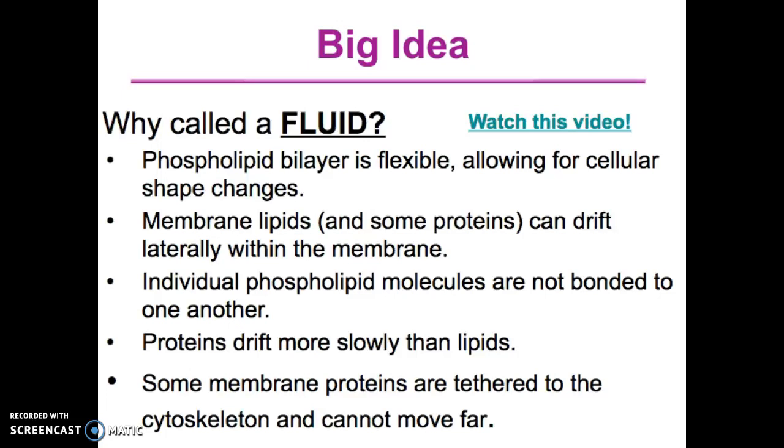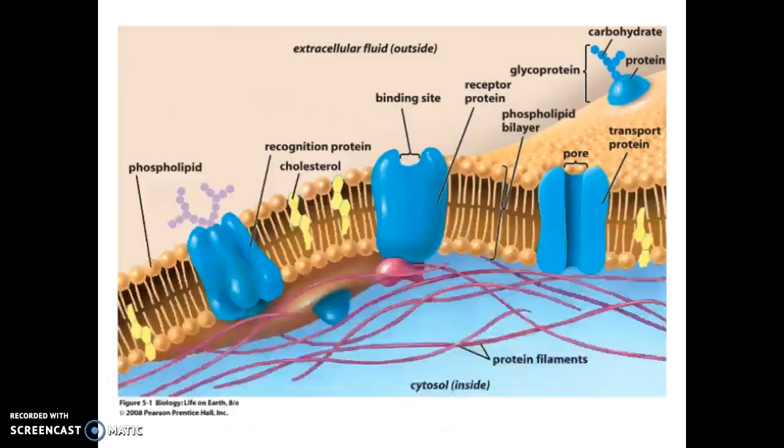And because the actual phospholipids are not bonded to one another, they can move and shift based on temperature and those kinds of things. And the proteins actually will drift in those lipids. Now, they move much more slowly than the lipids, and there's some reasoning for that, and we'll get to that a little bit later. And then some of the membrane proteins are actually connected to the cytoskeleton within the cell, and so they can't actually move very far, but they can move a little bit.